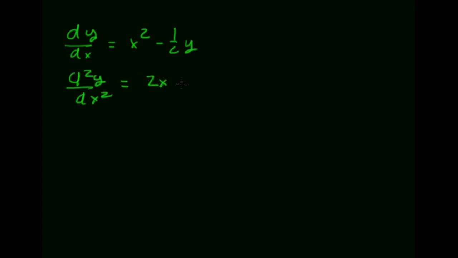So we have dy/dx is x squared minus half y, which means the second derivative with respect to x, since this is implicit, is 2x minus 1/2 dy/dx. That gives me this, and then the original statement of dy/dx was this. And you can literally stop right there.